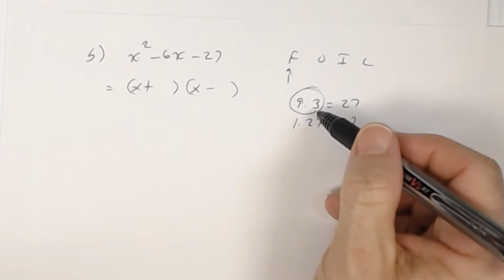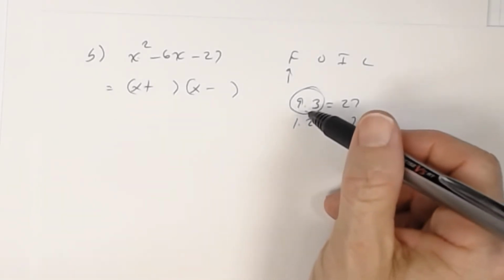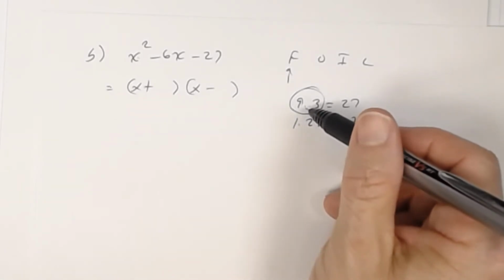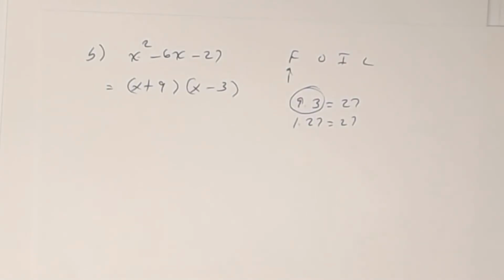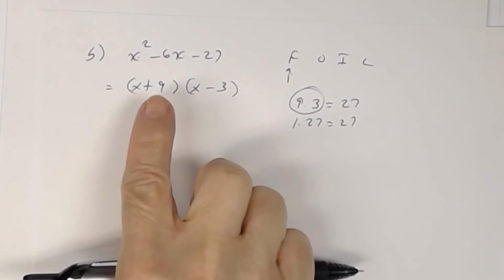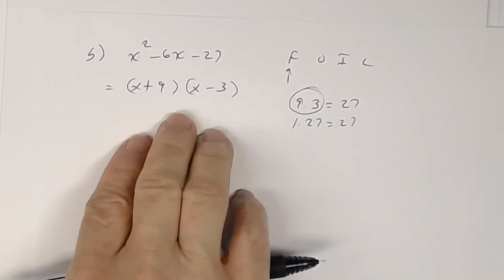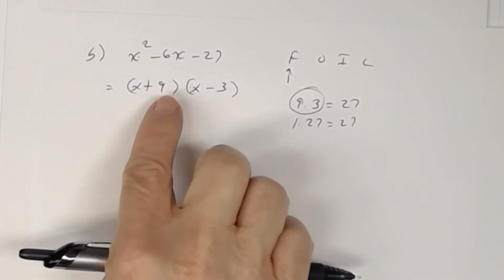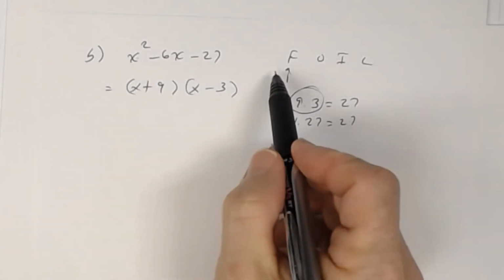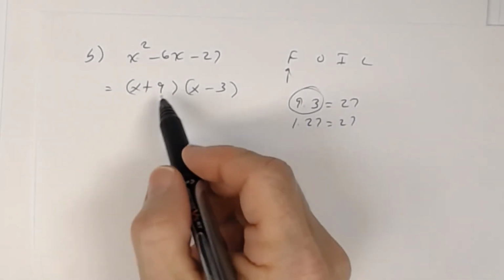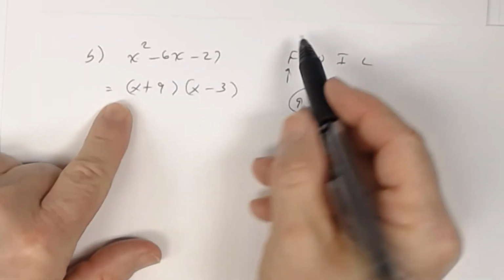It doesn't always work that way, but always try that first. So let's go ahead and put the 9 here and the 3 here and see what happens. Now, a common mistake people make is that once they fill this out, they think they're done. You're not done. You have to make sure that what you wrote gives us this back. So in terms of FOIL, x times x is x squared, so that's correct here.